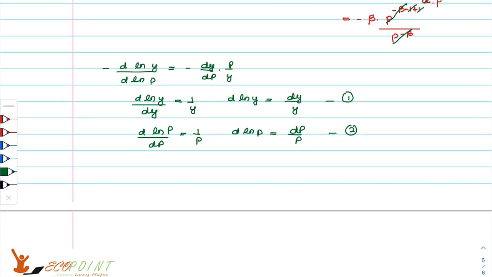Just put d log y upon d log p, dividing first by second, and I'll get this thing only.